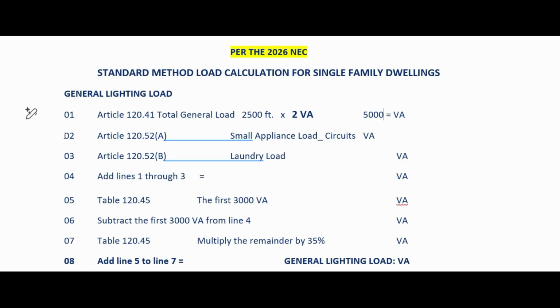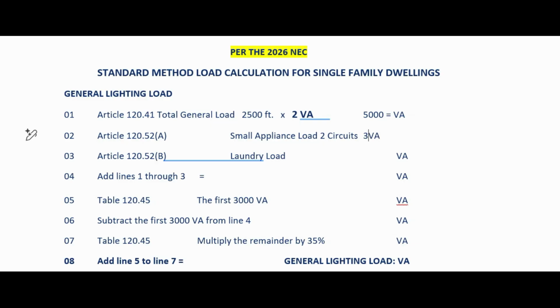Now, number 2, and notice I've got the articles on each one of these lines, 120.41 for general, 120.52 for small appliances. So our code states that the bare minimum is 2 small appliance circuits, and those are calculated at 1500 VA each. So that's going to be 1500 plus 1500.